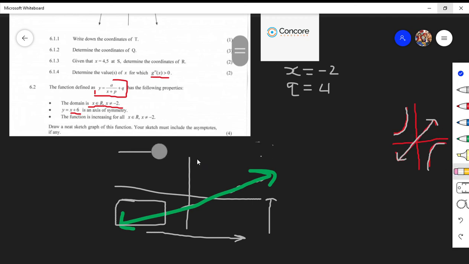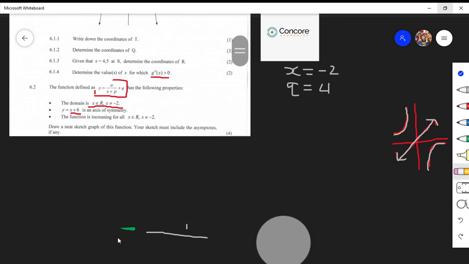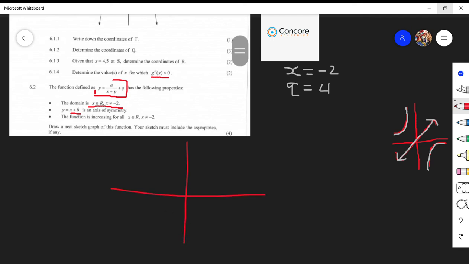And a decreasing function would be, so if you've got your function like this, now when you're dealing with increasing and decreasing functions, you always start from the left and go to the right.